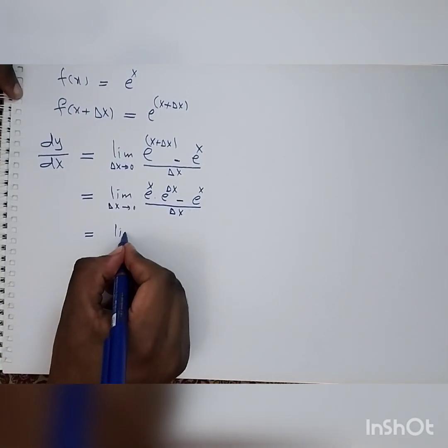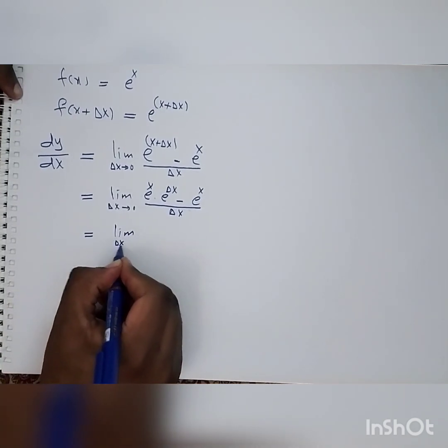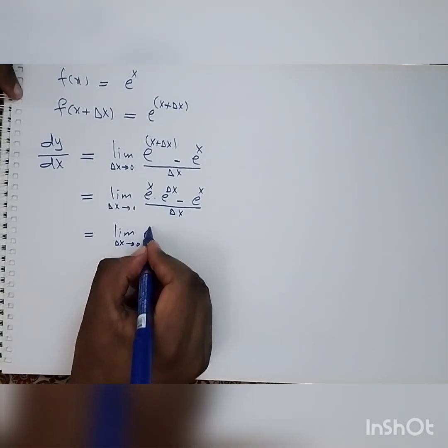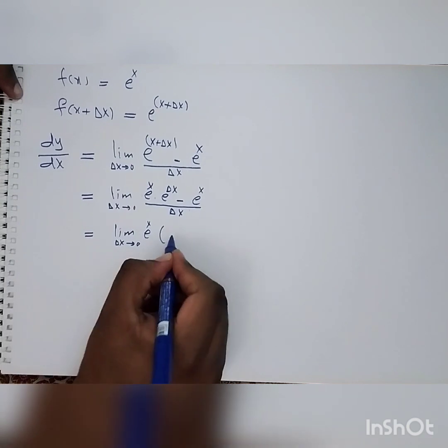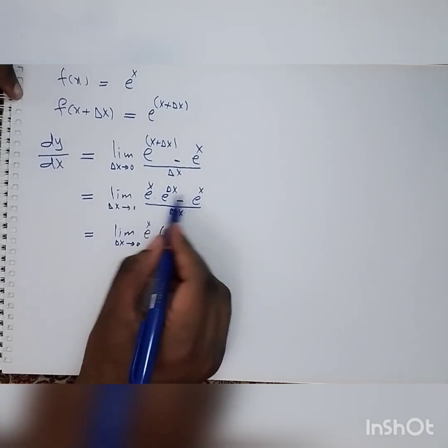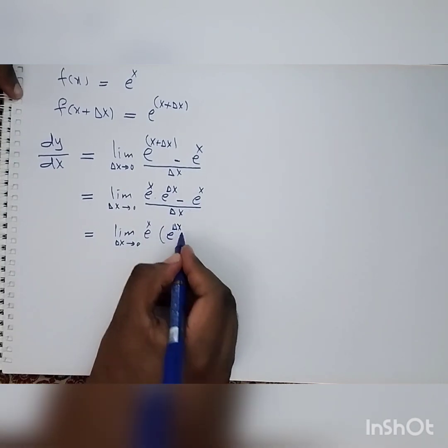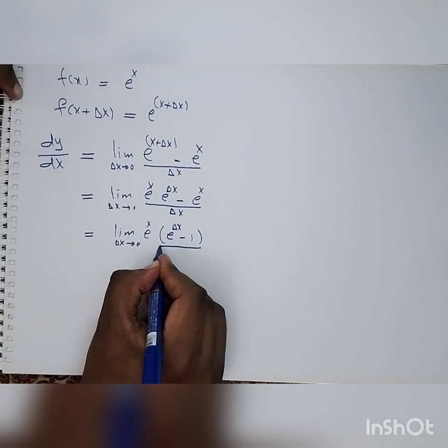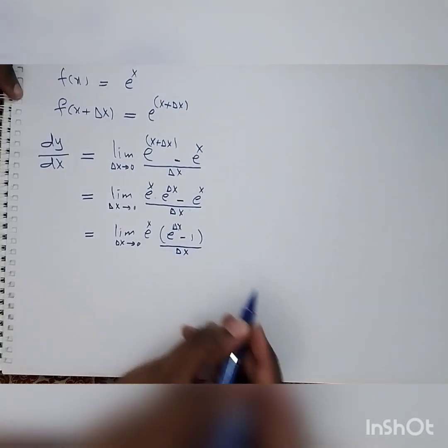We say limit as delta x approaches 0, then we factor out e to the power x, then we have e to the power delta x minus 1, and then that will be divided by delta x.